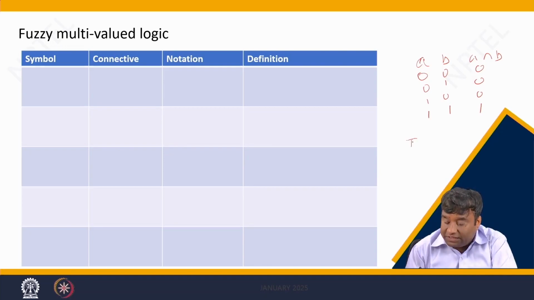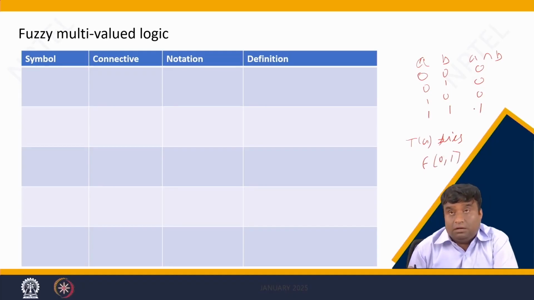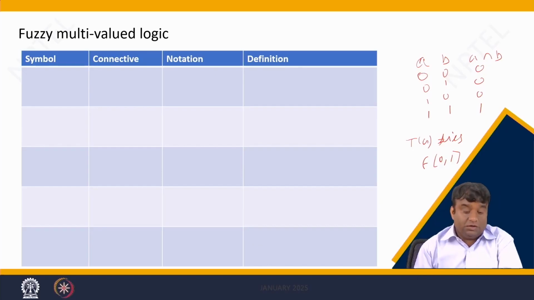If we say it is TA, the truth value lies between 0 and 1. In Boolean algebra, it is either 0 or 1. Here the truth value of A, just like a membership value, lies between 0 and 1. So that is the concept of fuzzy multi-valued logic.